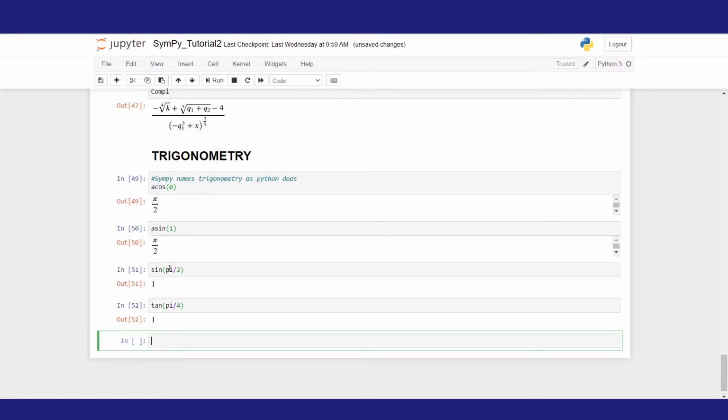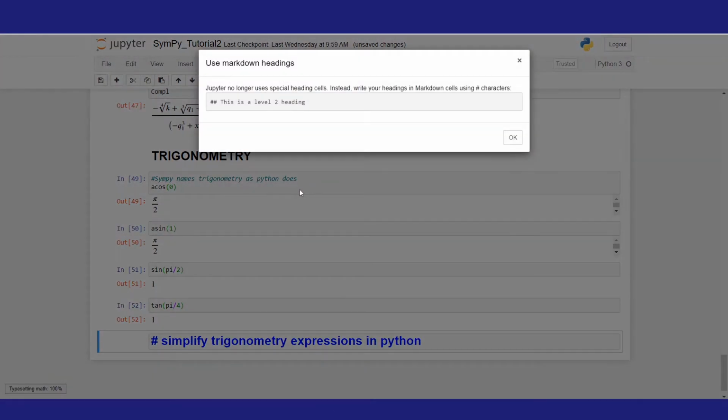So having looked at that, let's try to look at how we can simplify trigonometry expressions in Python. In order to do this, we use a function called trigsimp, which means simplifying.